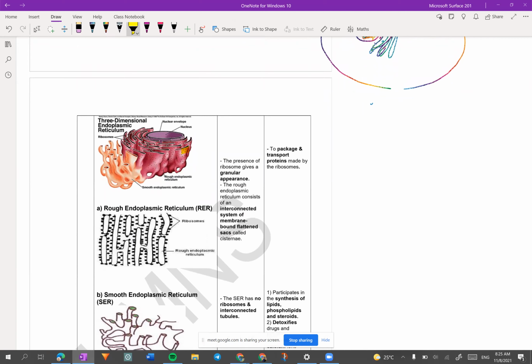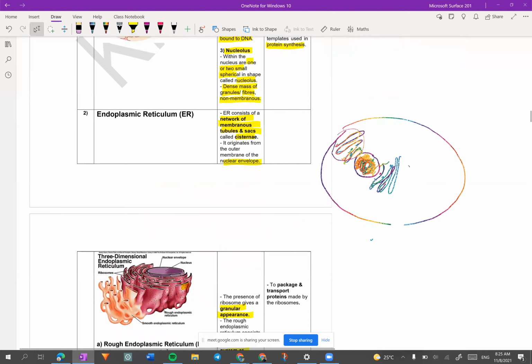So let's look a little at what is said here. The presence of ribosomes gives a granular appearance. The rough endoplasmic reticulum consists of an interconnected system of membrane-bound flattened sacs called cisternae. So again, when you hear the word cisternae, remember it is like an extension of membranes that then becomes like a sac.